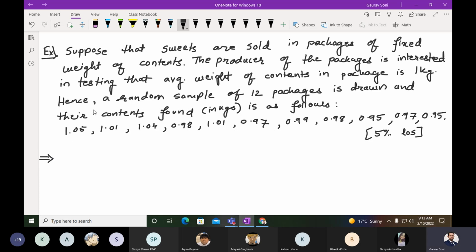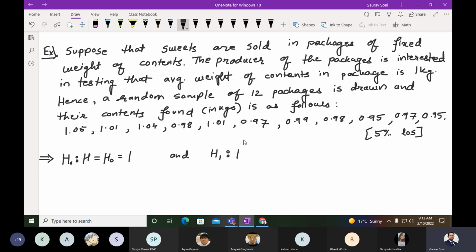From the given data, my null hypothesis is that the average weight in each and every box is 1 kg, and H1, the alternative hypothesis.